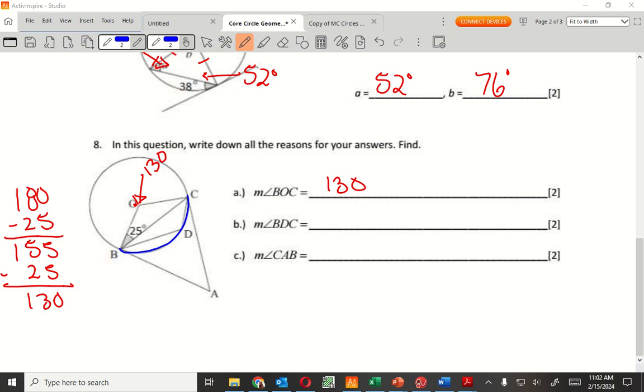So BC arc is 130, and we're going to use that one here in a moment, because I'm eventually going to need to get CAB.